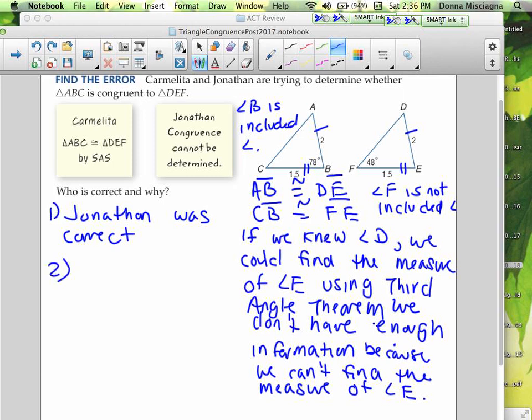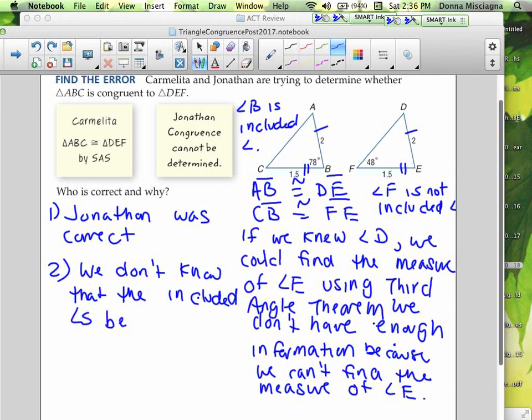The second multiple choice question asked for the why. And we don't know that the included angles are congruent between the corresponding congruent sides.